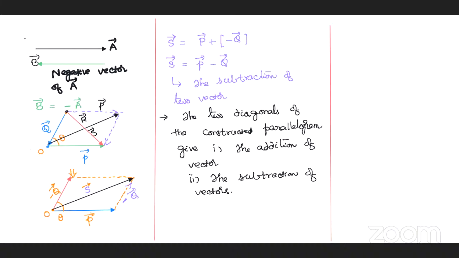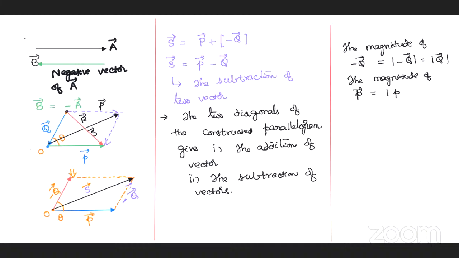The magnitude of minus Q bar is mod of minus Q bar, that is nothing but mod of Q bar only. Negative mod is also positive, so their magnitudes are equal. And the magnitude of P bar is mod P bar.